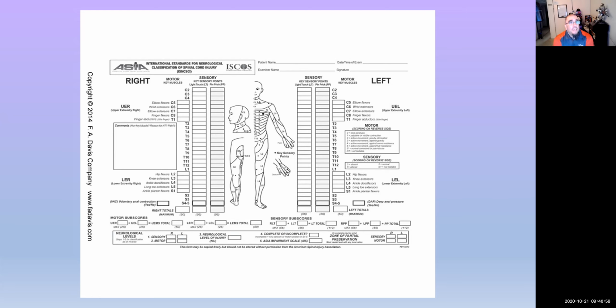Because if I'm missing a ton of my motor function, I'm going to be a difficult patient, right? If I don't have upper and lower extremity motor function, I've got to start thinking about some care for this patient. But maybe if the only thing I lost is L4, L5, maybe it's not as bad.